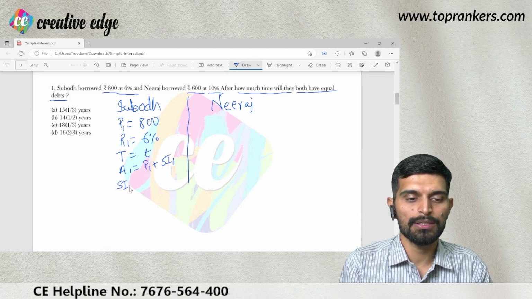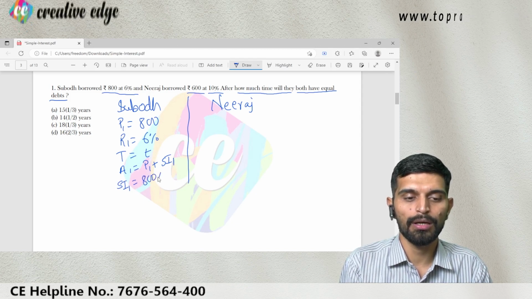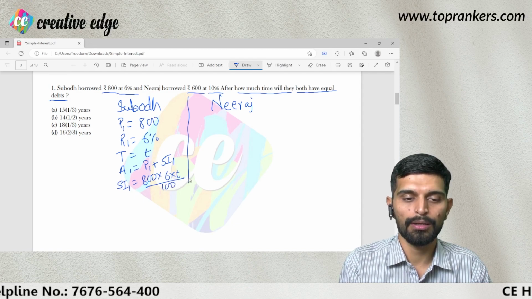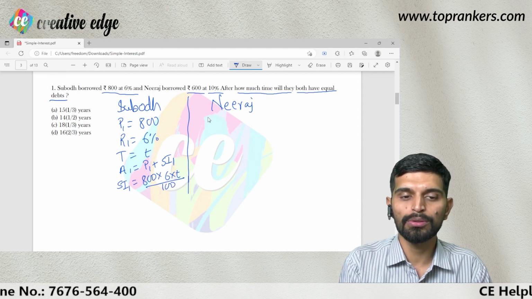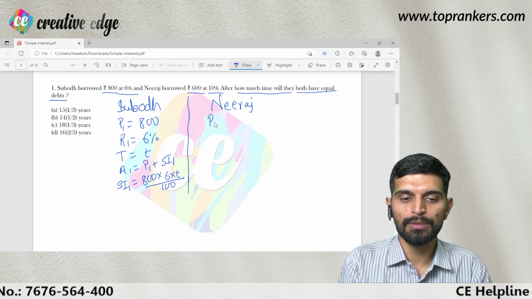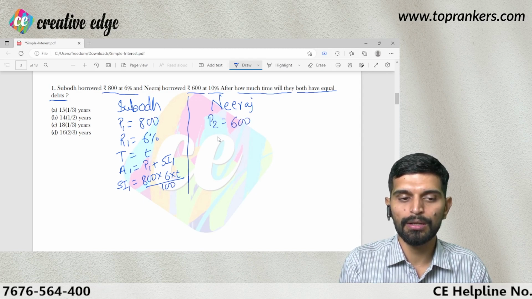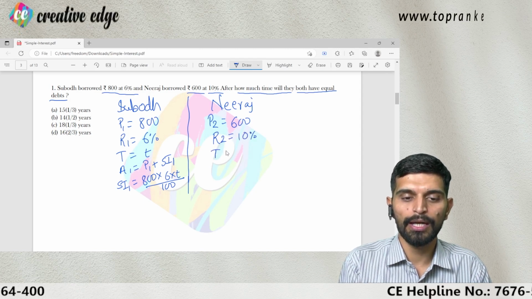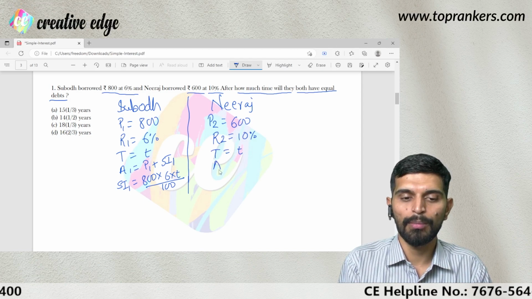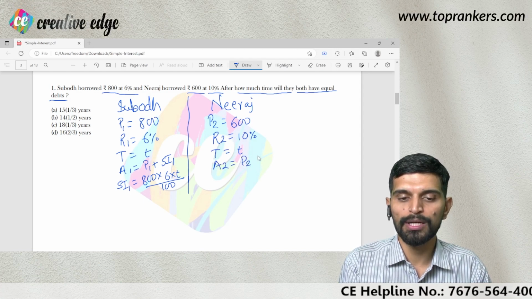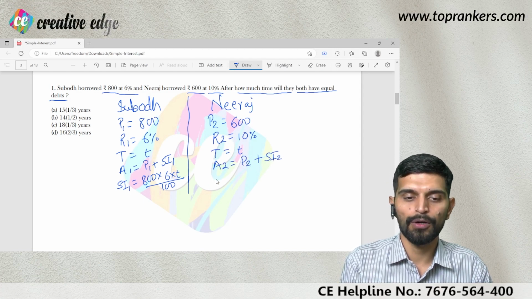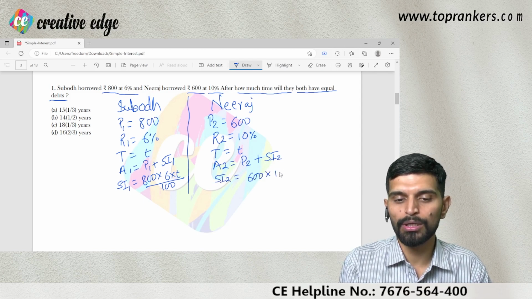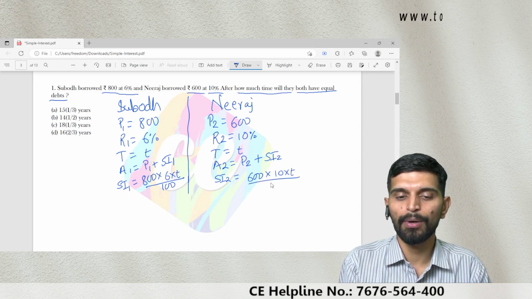And SI1 is nothing but 800 into 6 into T upon 100, right? Now let's talk about Neeraj. So principal for Neeraj is rupees 600. Rate of interest in Neeraj's case is 10%, and time is same. Amount here will be P2 plus SI2. And what will be the value of SI2? SI2 will be 600 into 10 into T upon 100.